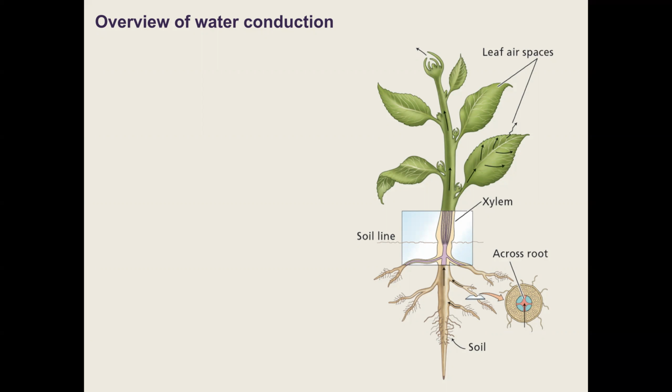We saw a little bit about water moving through the roots into the vascular system. And once it's in the vascular system, those are cells that are devoted to moving it up the plant. So specifically the xylem cells as those water moving cells, moving the water up the stem and out into the leaves where it can be used for photosynthesis.